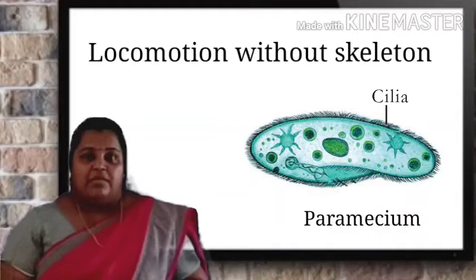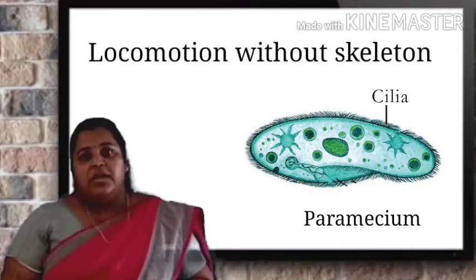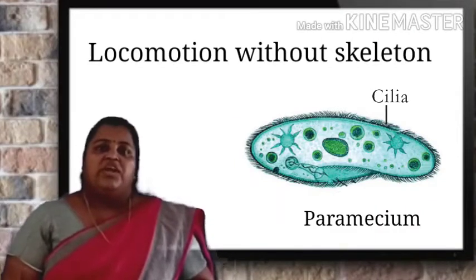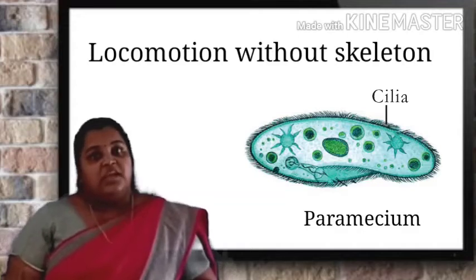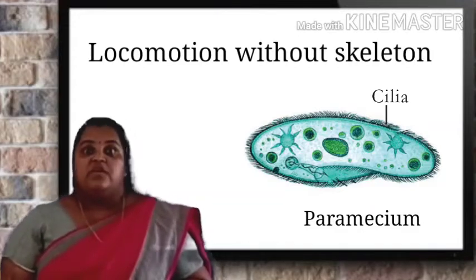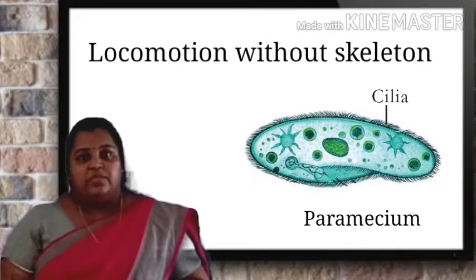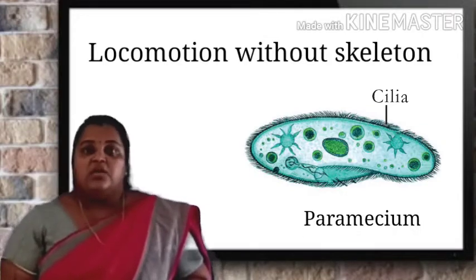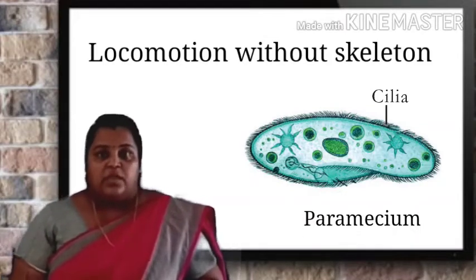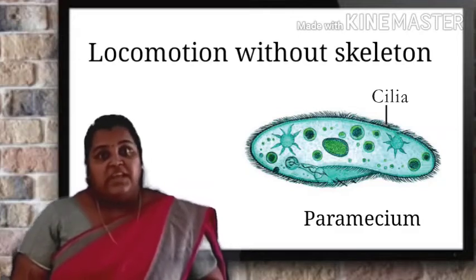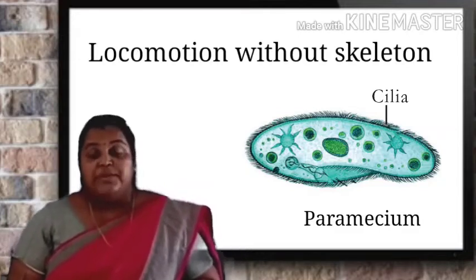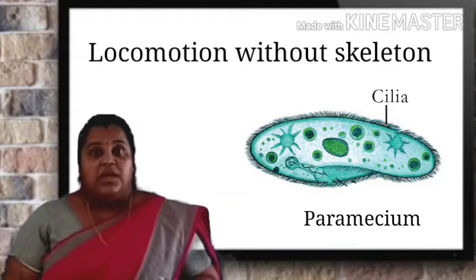Paramecium. They have small hair-like protein filaments seen on the cell surface of the body. And they are called cilia. So, cilia enable the movement of paramecium in water.